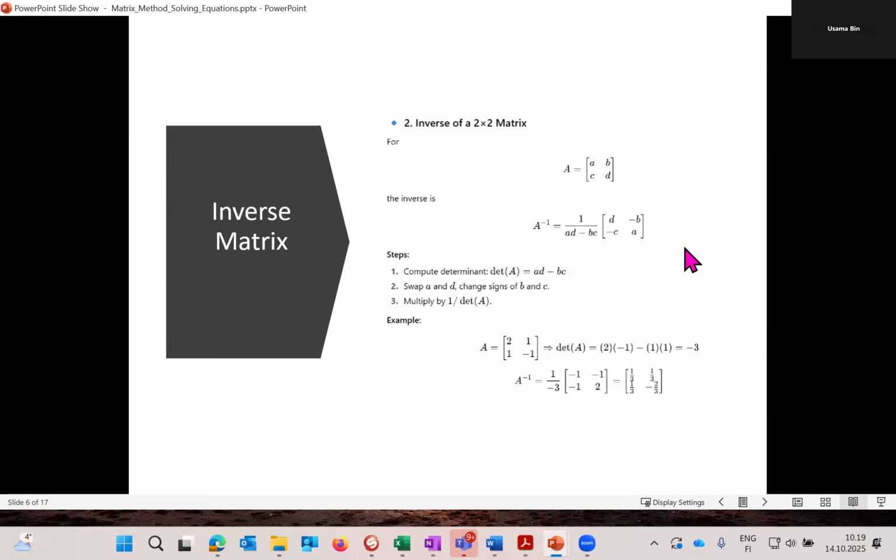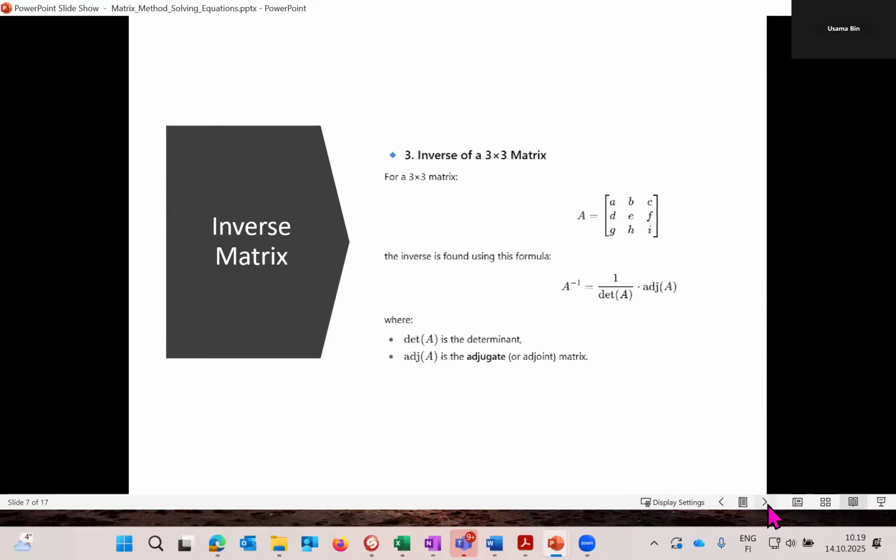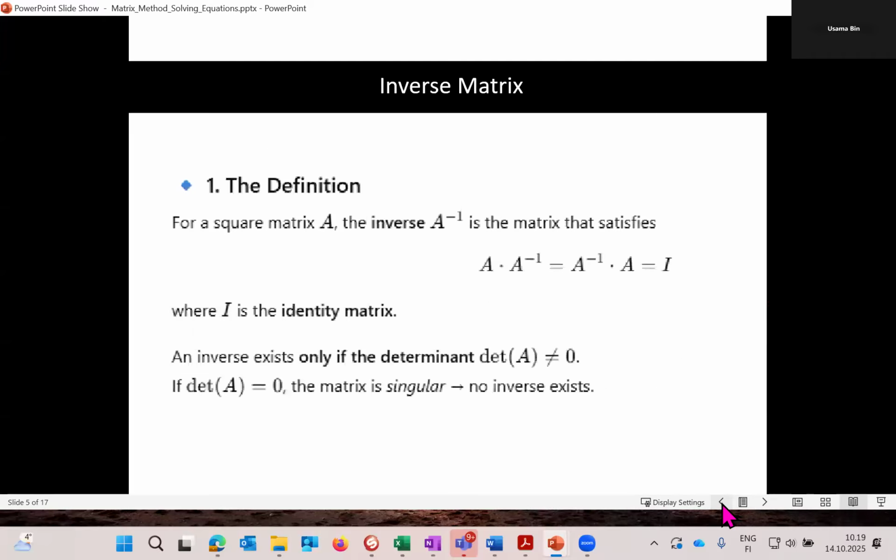But you can easily also make mistakes here. So for example, for this kind of matrix, you would calculate the determinant. It's just an equation that you use. And then after that, you make the inverse matrix. And after this, you would be able to, why would I want the inverse matrix?